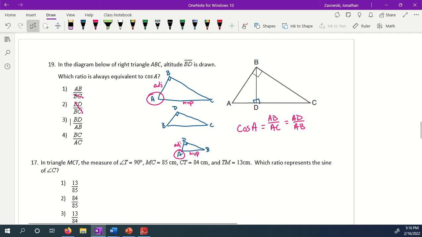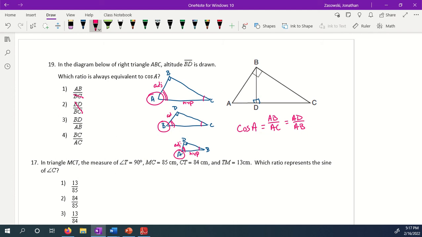Also, keep in mind, we're only looking at these two triangles, but the thing we have to remember is that this angle C is equal to this angle C is equal to this angle B, and this angle A is equal to this angle B is equal to this angle at A. So all three triangles having these letters in the same spots means their angles are equal.